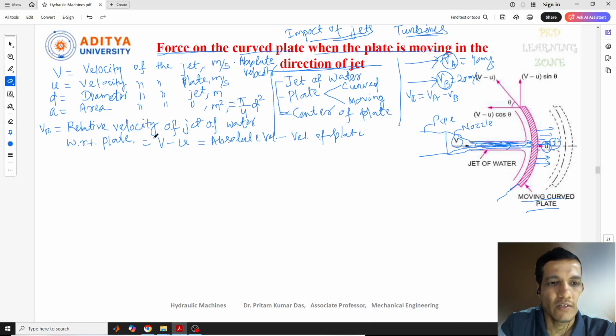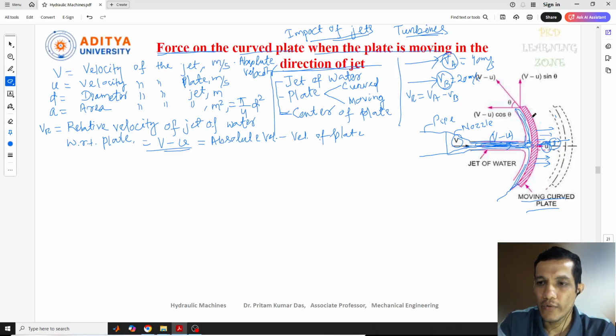That means v minus u is the velocity at which the jet is striking the plate. Then after striking the plate, at what velocity will the liquid come out from the plate?